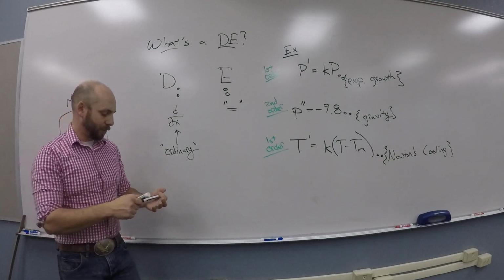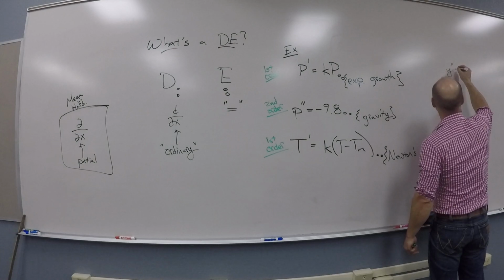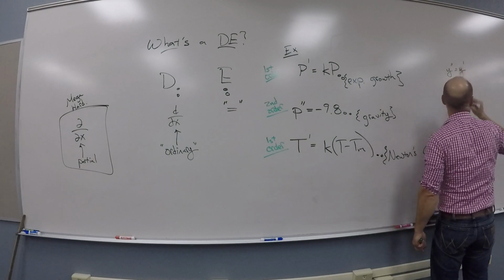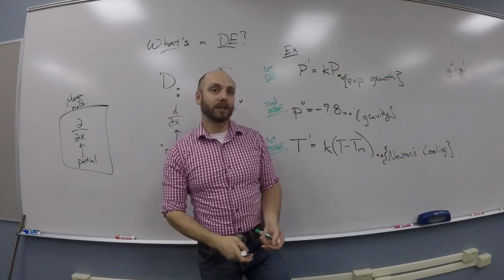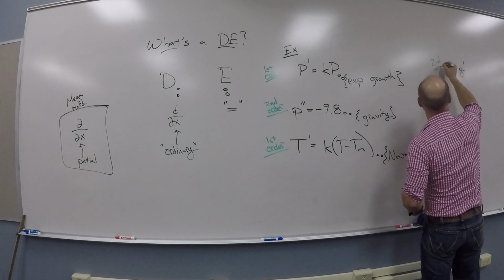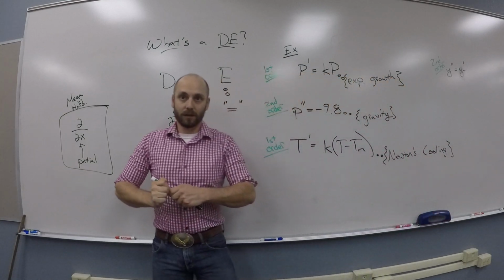So what if I had something like y double prime is y prime? The highest order would win, so it would be second order. Perfect. Highest order wins, that's second order. You guys all good with these?